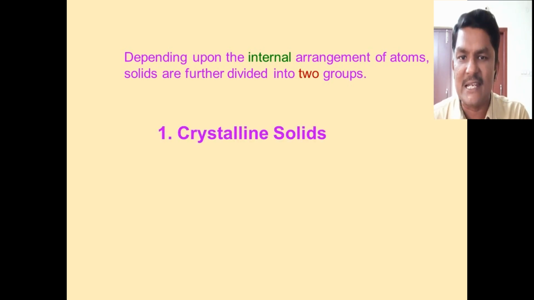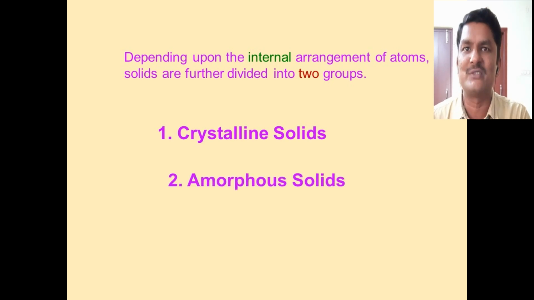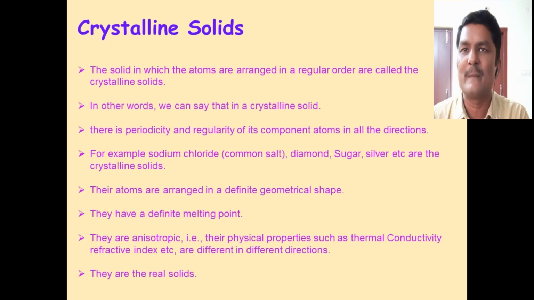First one is crystalline solids and the second one is amorphous solids. After this we discuss briefly about crystalline solids and amorphous solids. This is the classification on the basis of internal arrangement of atoms.